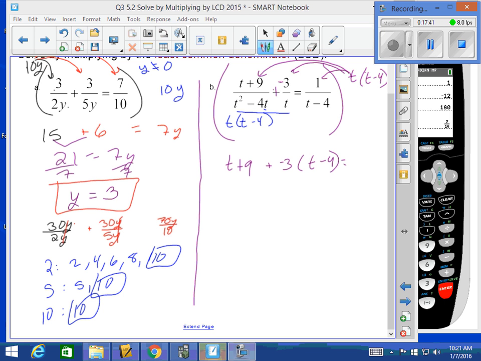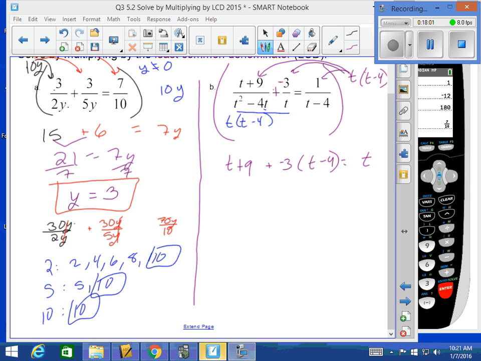And then when I distribute here, I can see that this t minus 4 would cancel out this t minus 4. So I really only have to multiply the 1 by the t. And 1 times t is t.